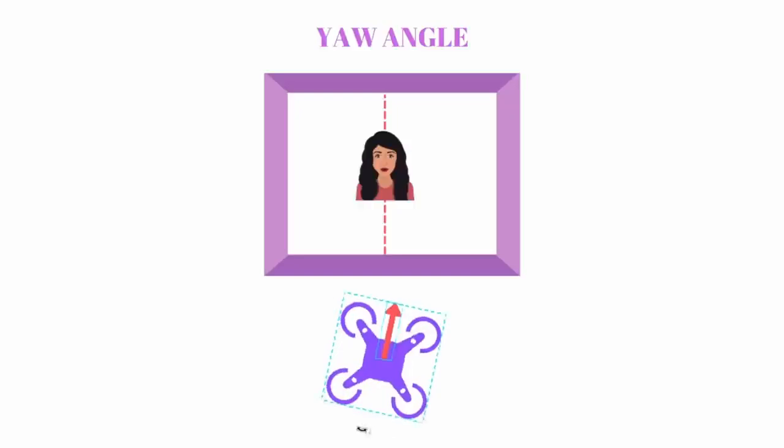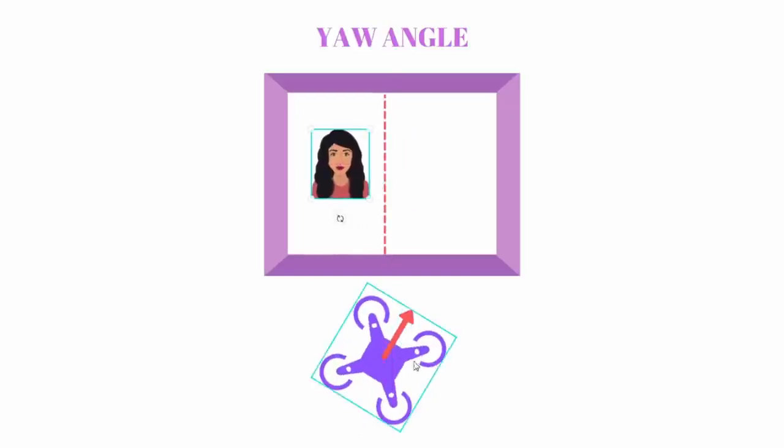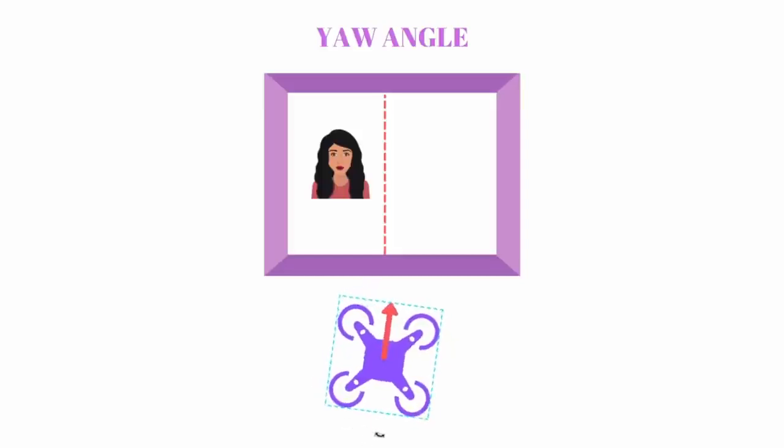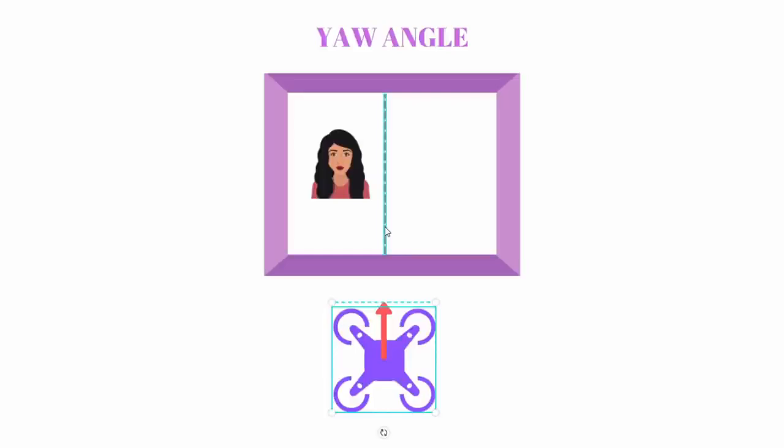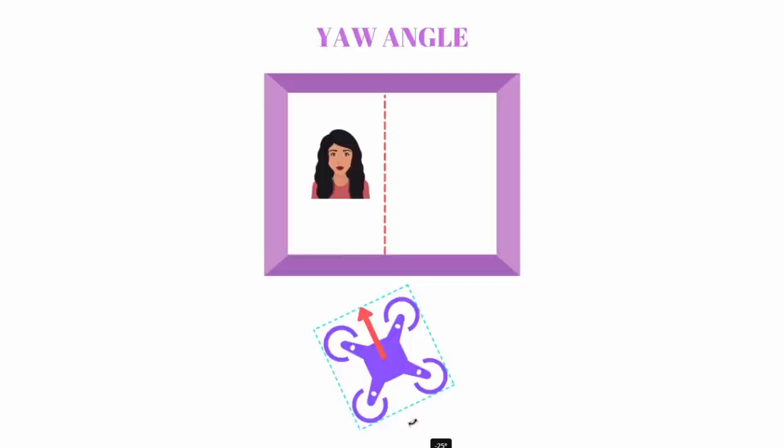Now the thing is, we can give it a value. For example, let's say at this point our object is on the left hand side, so we will say rotate anti-clockwise with the speed of 20. So it starts moving at the speed of 20, and when it reaches the center, it cannot stop immediately. It will move a little bit further because of the momentum. Think of this as a fan.